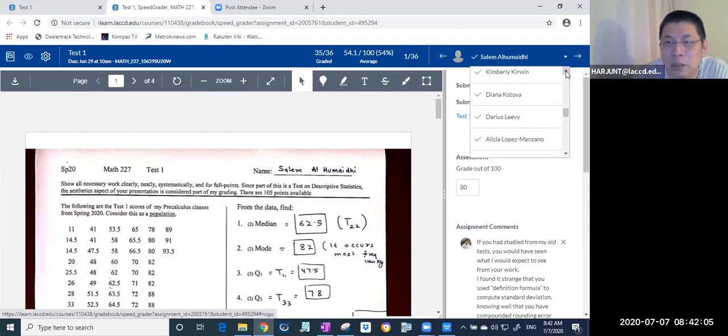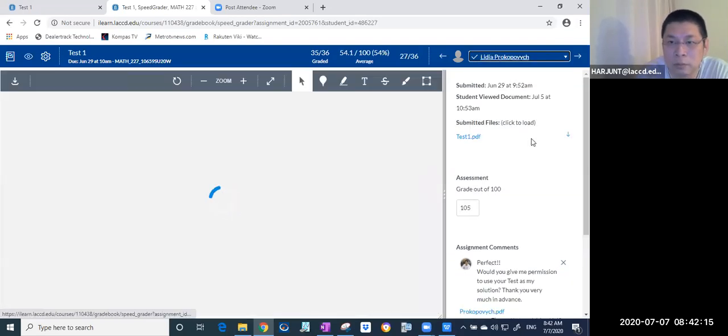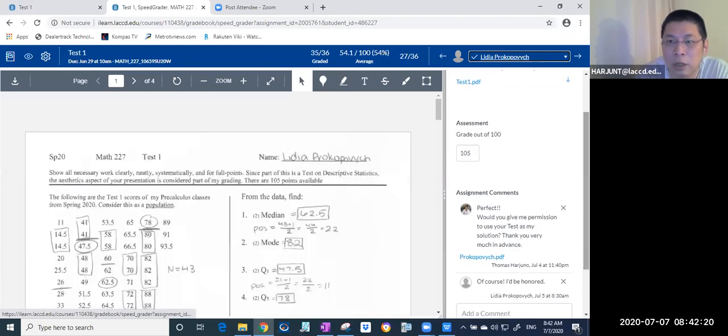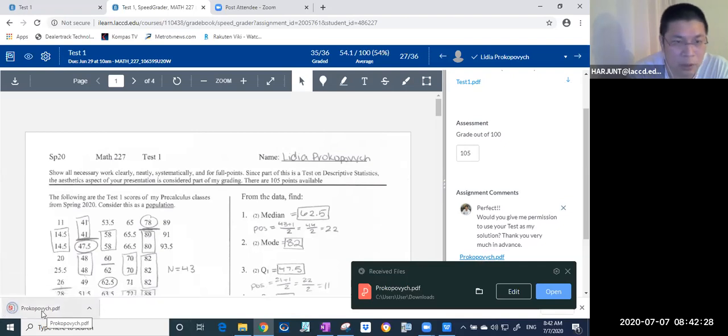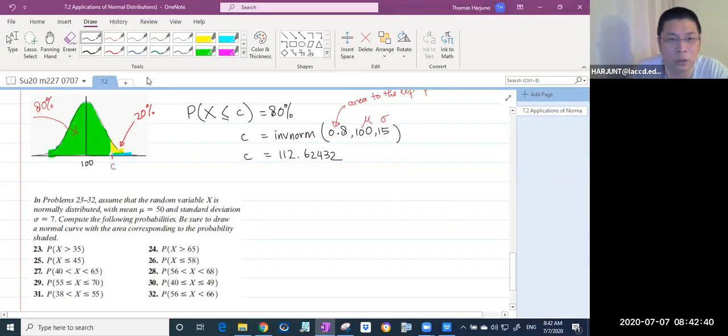The difference is she followed the direction, like round to 3 decimal places, and I actually rounded to 5, and this person rounded to 3 when they ask for 3. Okay, I get that person's permission. Let me post it right now. Meanwhile, you can start working on that problem. Let me give you the direction for this problem first, and then I post it while you work on this.